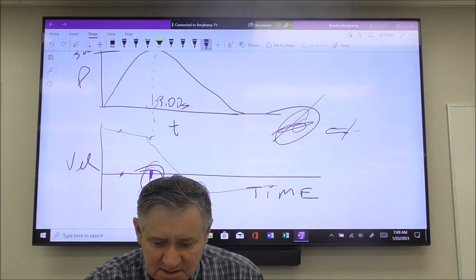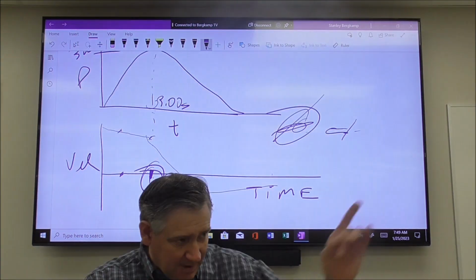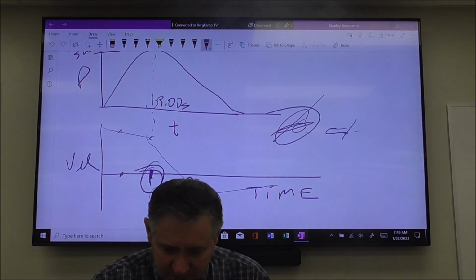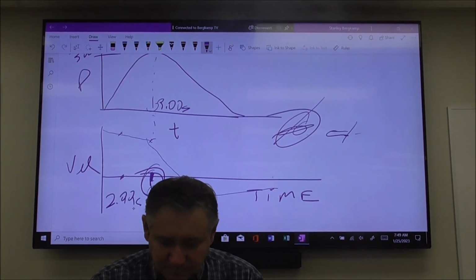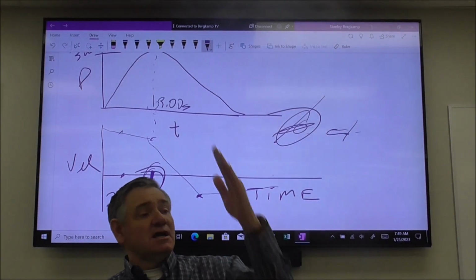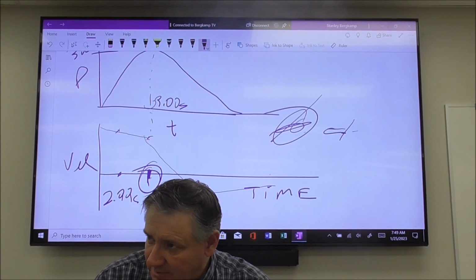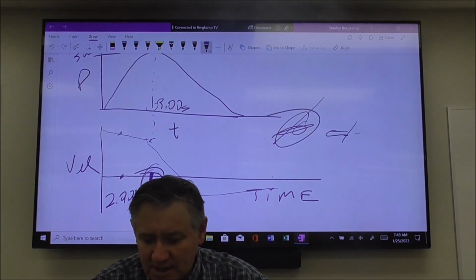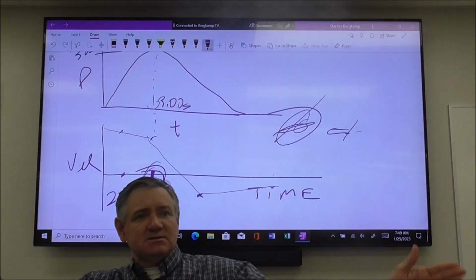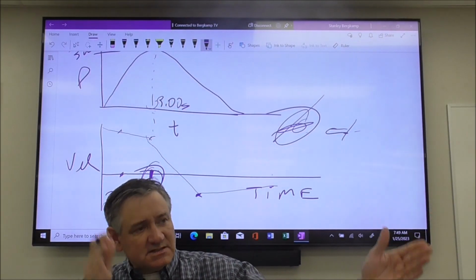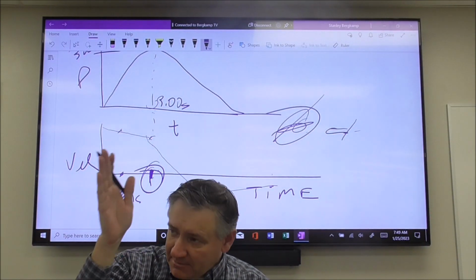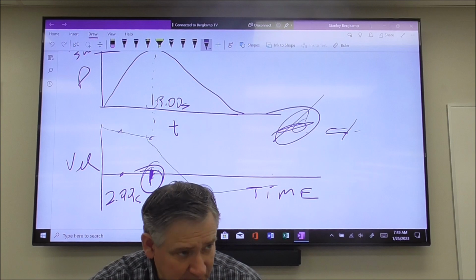So if I'm Carson, I'm going to come back here and go, that's 2.99 seconds, because at the end of that interval I wasn't moving. The velocity was 0.